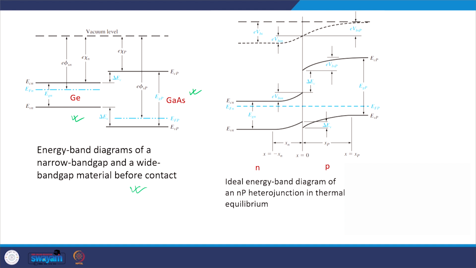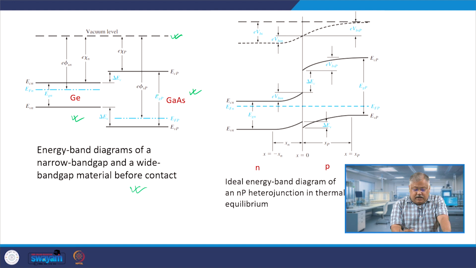I have a vacuum level obviously, and the Fermi level of the germanium is somewhere here, right, and there will be some Fermi level for the p type gallium arsenide near the p type material. This is my work function for the germanium, this is the electron affinity, this is the band gap. This is the electron affinity for the p type material, this is your work function, and the band gap.